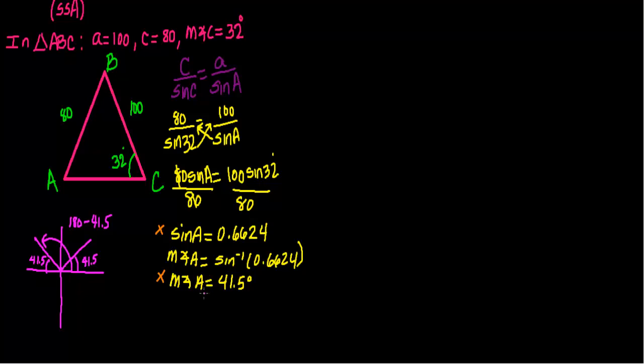So that tells me that in this triangle, angle A can either be equal to 41.5 or the supplement of 41.5, which I find by subtracting 41.5 from 180. So the measure of angle A is either 41.5 degrees or 138.5 degrees. One of these two angles for this triangle.